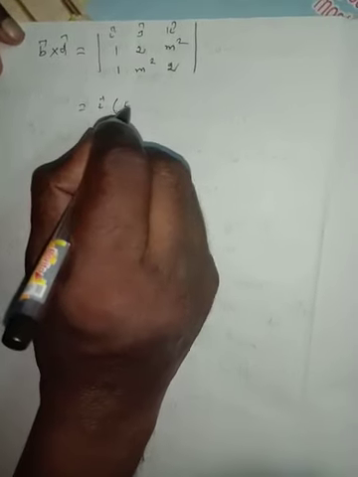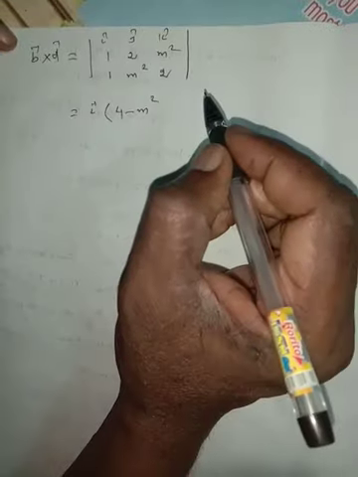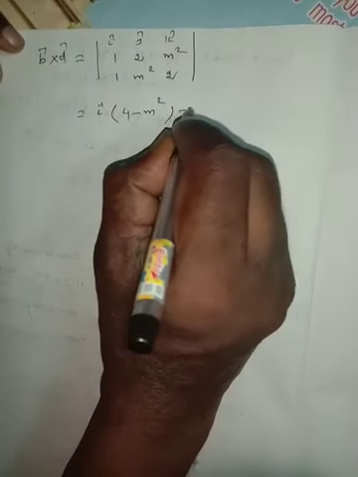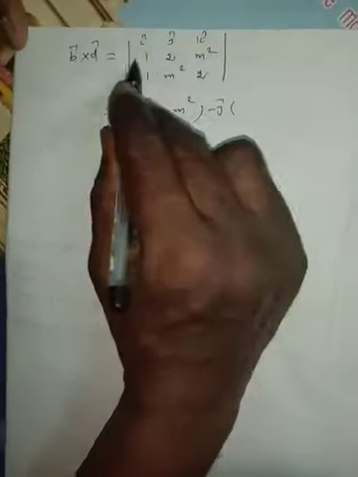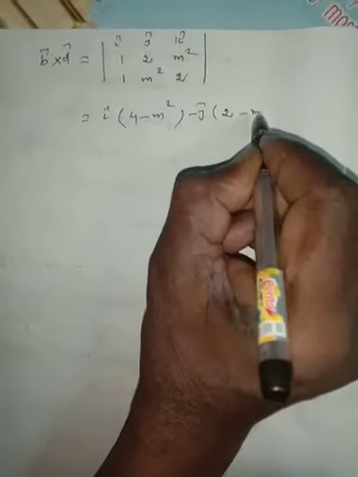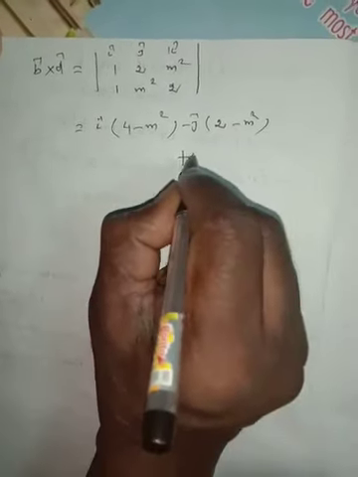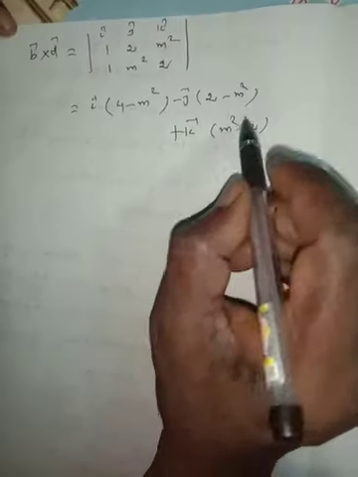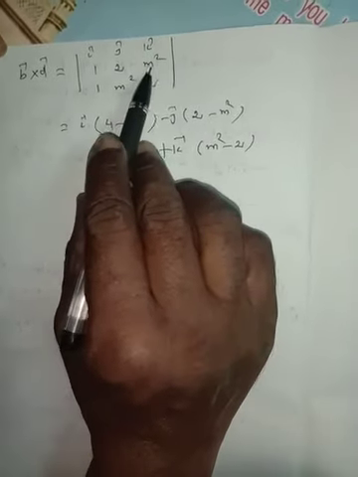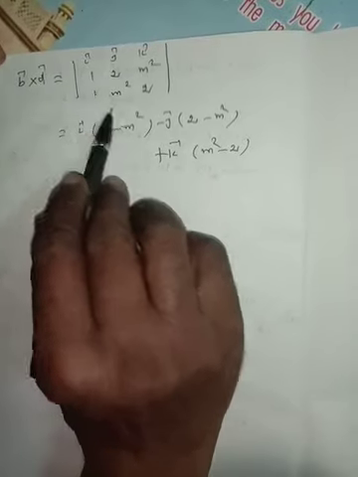Now expanding this: i vector of (4 minus m power 4), minus j vector of (2 minus m square), plus k vector of (m square minus 2).